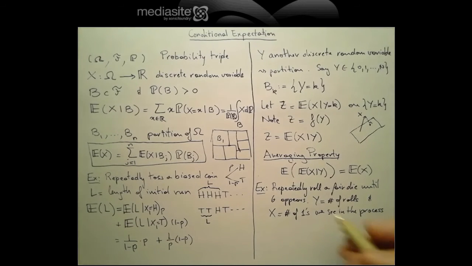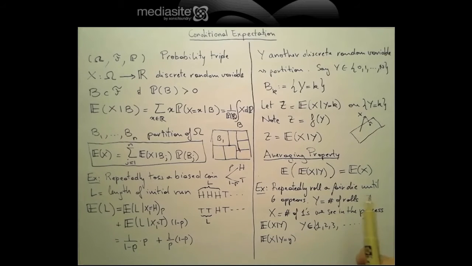Let's compute the expectation of X given Y. What are the possible values of Y? Y could be 1, 2, 3, etc. It's a geometric distribution, so it could be any of these. Let's just fix one of them. So let's compute the expectation of X given Y when Y is little y.